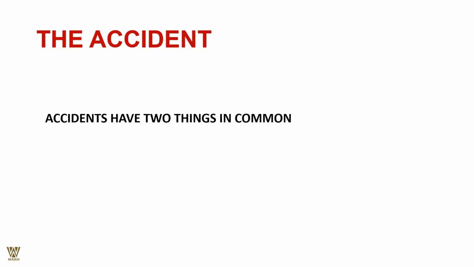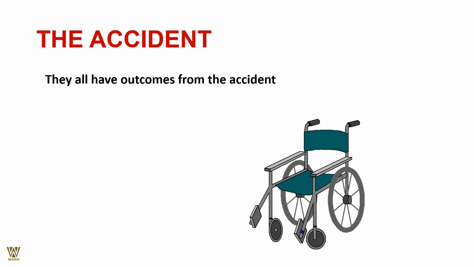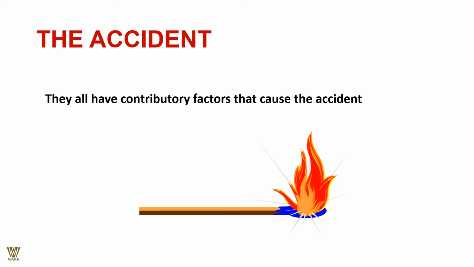There are basically two things common in accidents. What are they? They all have outcomes, outcomes which might not be in your favor altogether. And the next thing is the contributory factor.